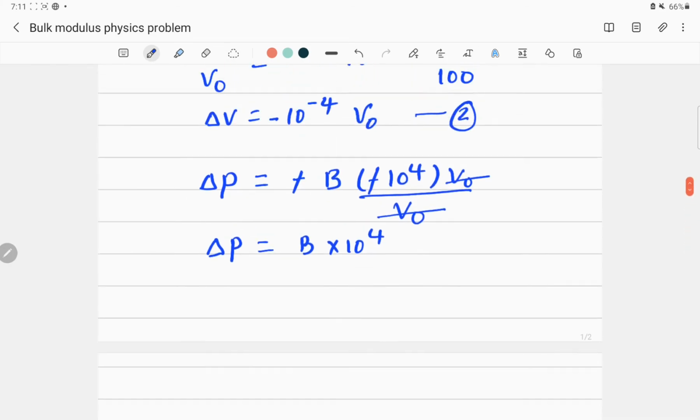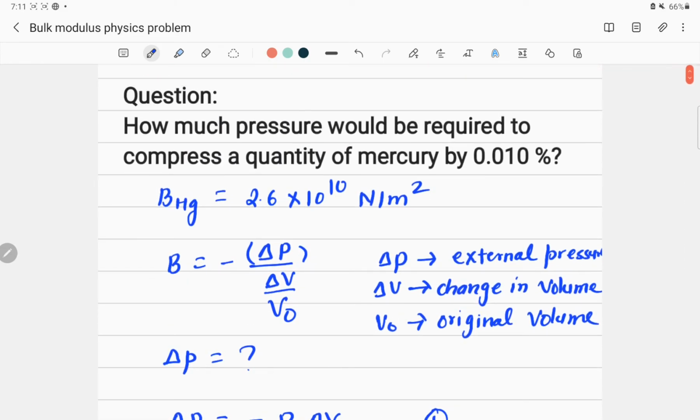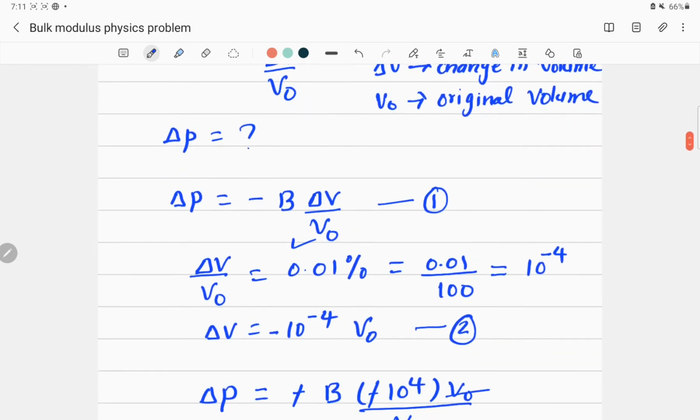We know B, the bulk modulus of mercury, is 2.6 × 10^10 newton per meter square.